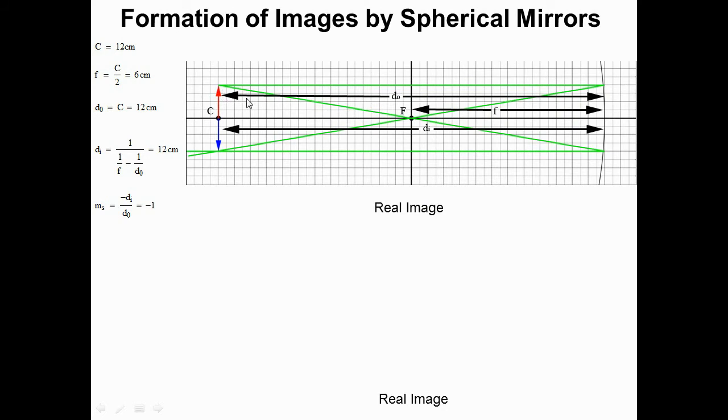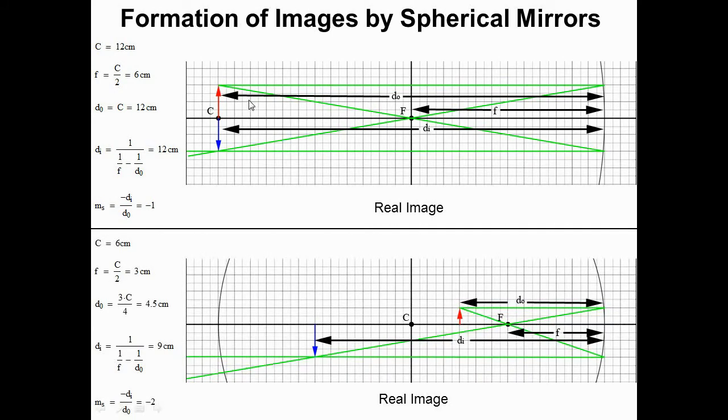and my first ray that I would draw would be from the tip of the object, parallel line over to the mirror, and then come back through the focal point.